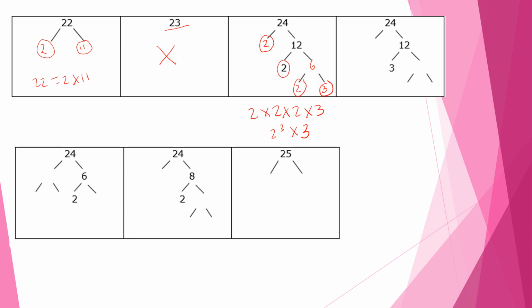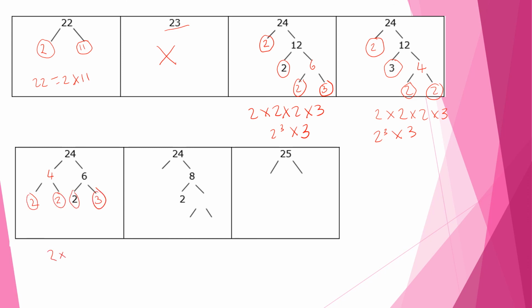The next example for 24, we've got 2 times 12 again, but then we've split the 12 into 3 times 4 and the 4 into 2 times 2. Same answer, so 2 times 2 times 2 times 3, or 2 cubed times 3. Another example here then, so we're going to split the 24 into 6 times 4, 4 into 2 times 2, and the 6 into 2 times 3.